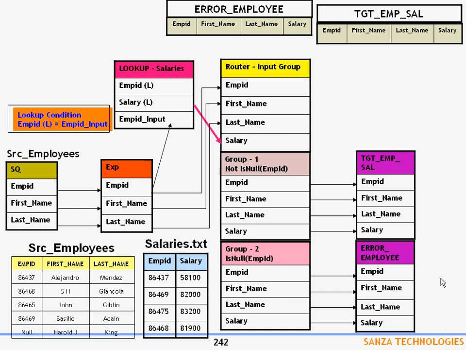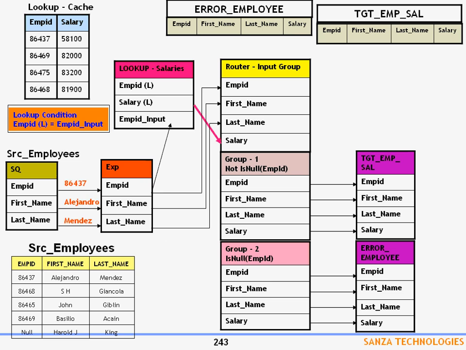Now when you execute this, source will go to the source database and extract the data of src employees, and lookup will get the data of salaries from the salaries.txt file and put it in the lookup cache. Record by record, Informatica will process. First record comes in, scans the cache.